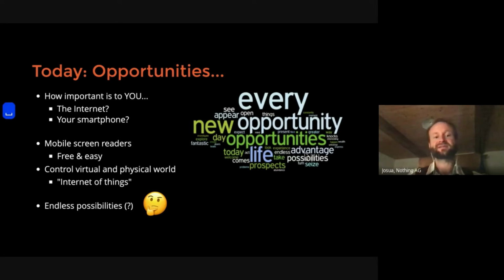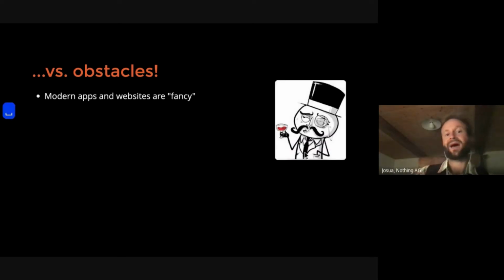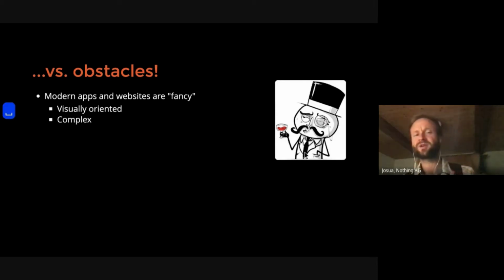So in general, we can say we have endless possibilities, but although we have a lot of opportunities, we also have a lot of obstacles. One of the general problems today is that modern apps and websites are what I call fancy. They are very visually oriented, and as such, they often rely on pretty complex user interface patterns.